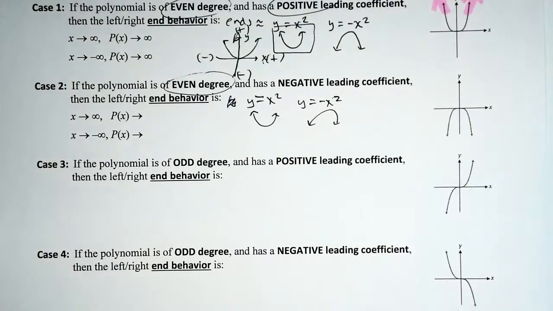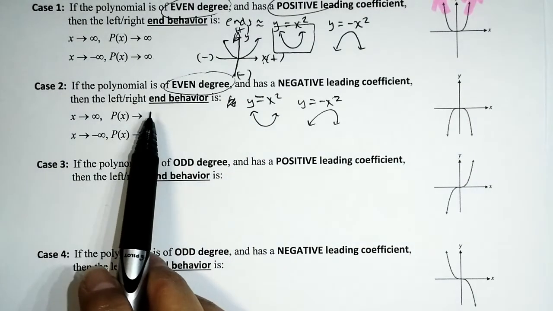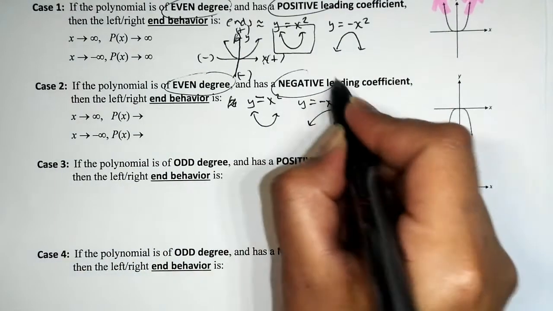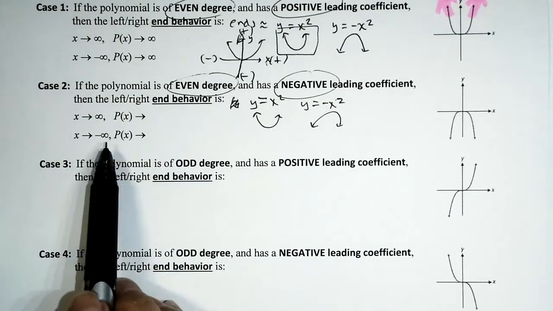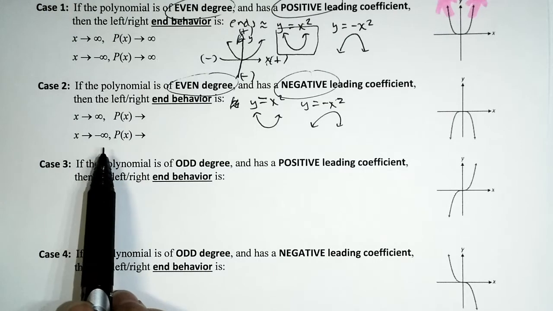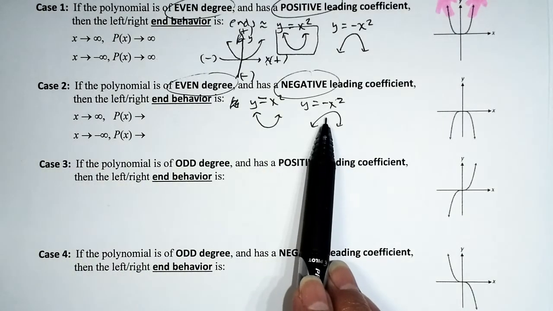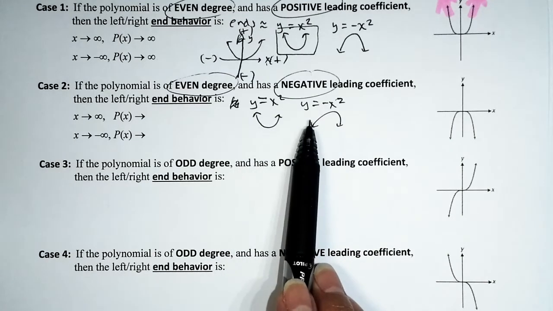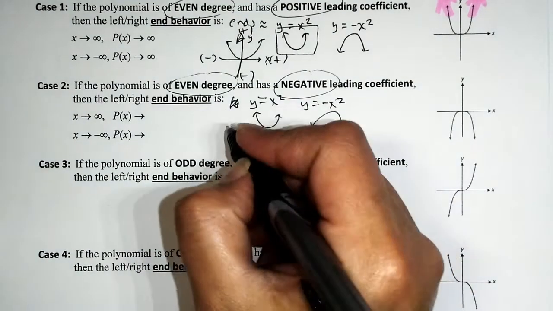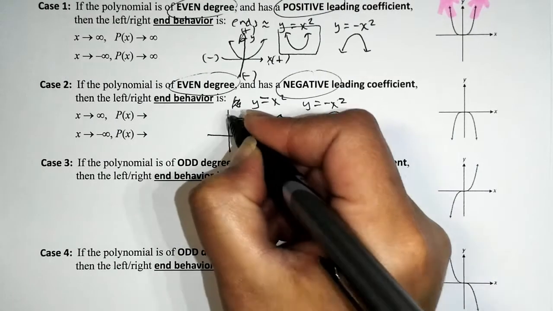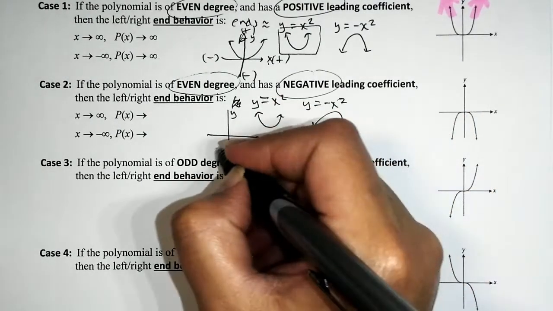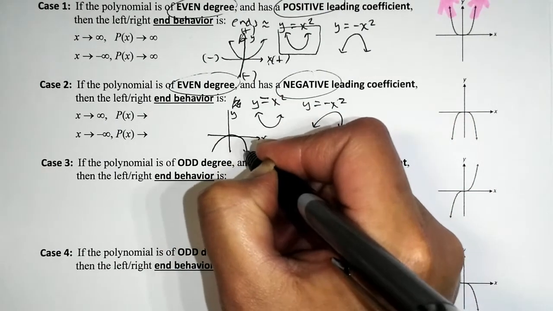So in this case, we have a polynomial of even degree with a negative leading coefficient. We want to describe with our math notation the left and right end behavior. How does the polynomial behave as we pull to the left? How does it behave as we pull to the right? Let me do the xy axis like this.